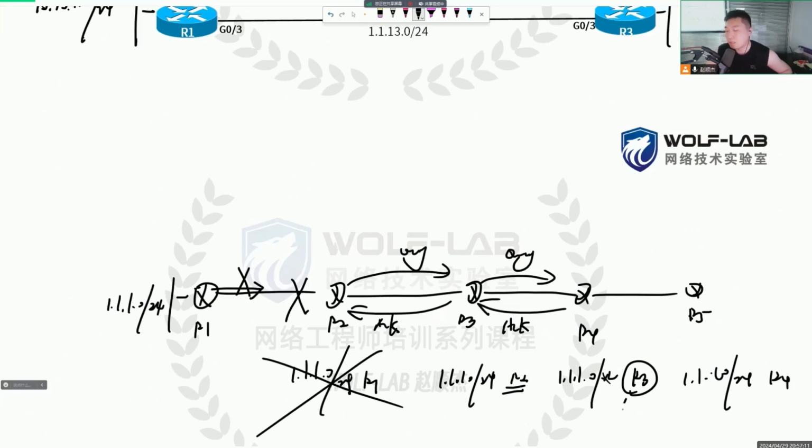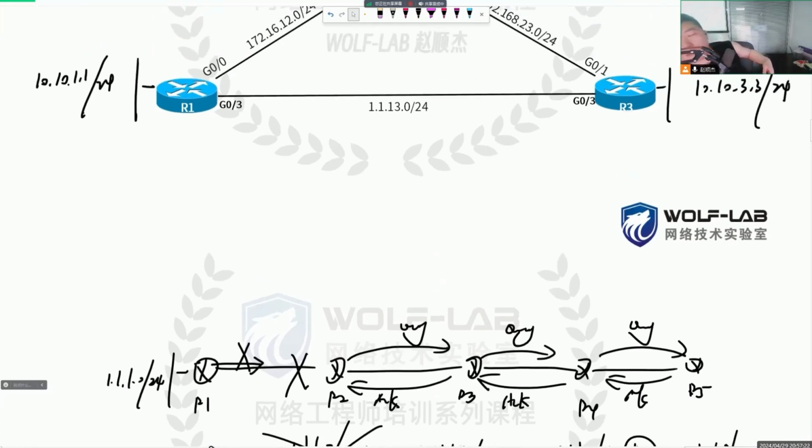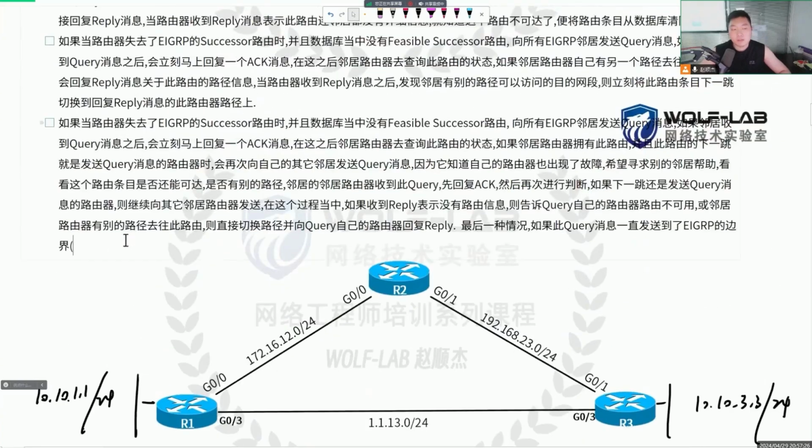So what is the EIGRP network boundary router? Except for the router that sends query messages to itself, there are no other EIGRP neighbors. For example, for R5: I received a query message from R4. I found that except for R4, I have no other EIGRP neighbors. So what does it mean?